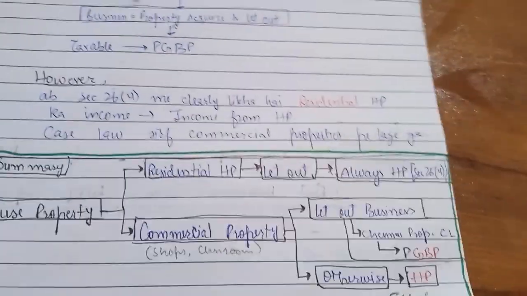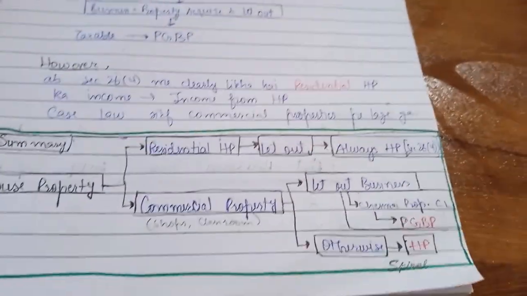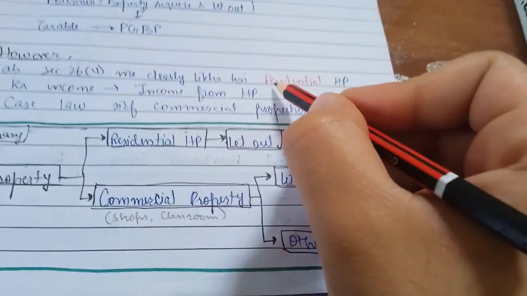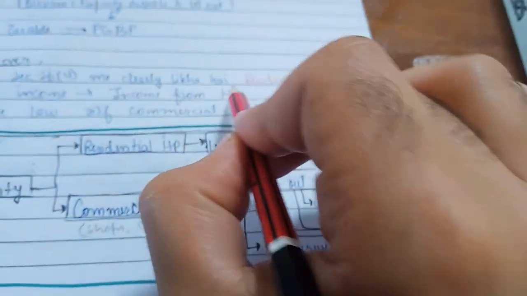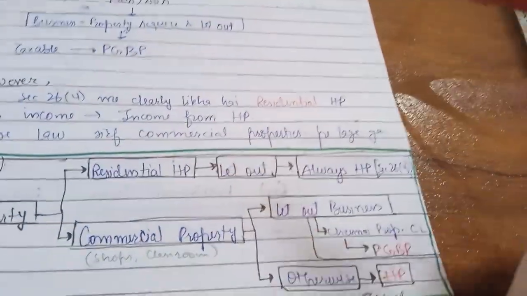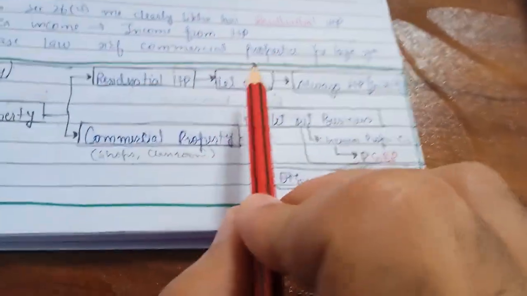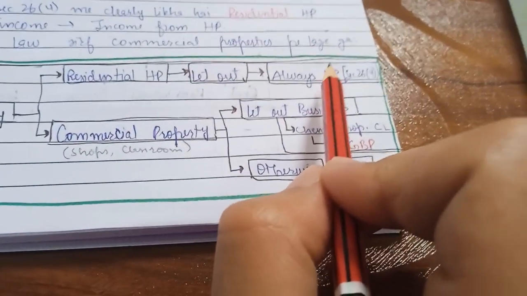But then in section 26 subsection 4, the language was improved and it was clearly mentioned that any income from residential house property will be treated as income from house property, and this case law will be only applicable on commercial properties. So to summarize, we first check if it's a residential house property that is let out; it will always be income from house property.